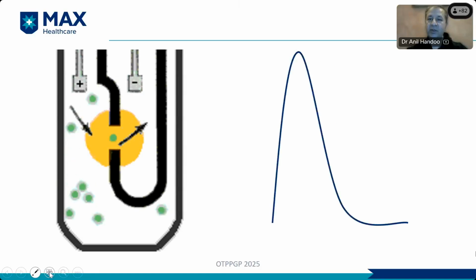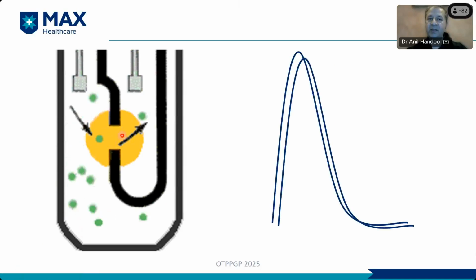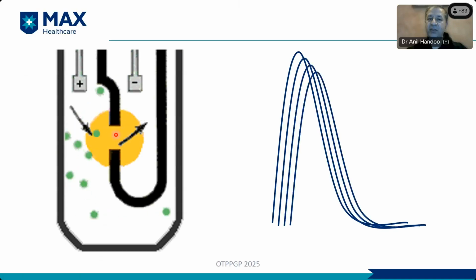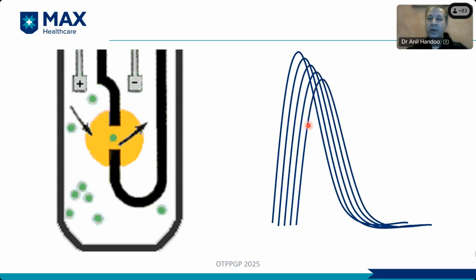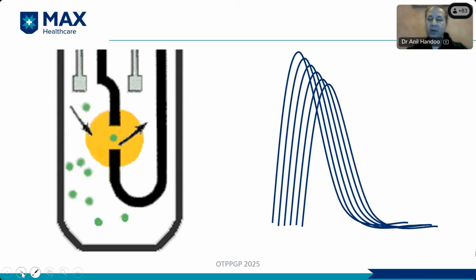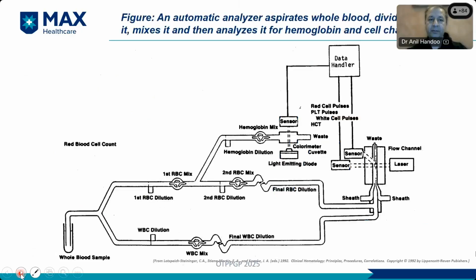So this is how it works. As you can see, every time this green dot passes through this aperture over here, or the hole over here, you get a kind of a pulse. And all these pulses are then collected together, and depending upon the size of the particle, the pulses will give you different sizes, different amplitudes, and you're able to actually size it out based on that.